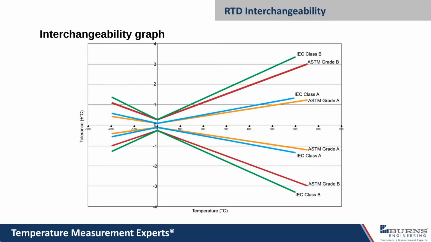And the ASTM standard has just a slight advantage in smaller interchangeability numbers than the IEC. And that's why this graph looks like it does. So we try and trim these sensors as close to 100 ohms as we can get right at 0 degrees C. But as you go away from 0 degrees C, either negative or on the plus side, that tolerance band expands.